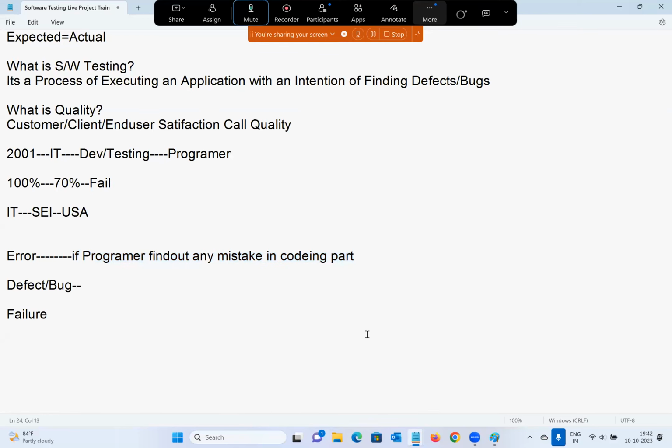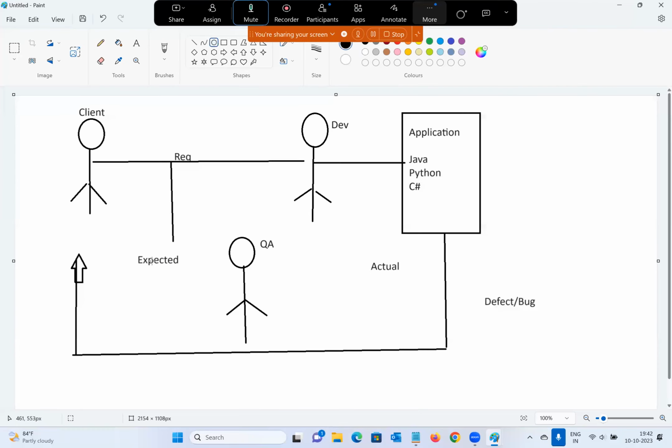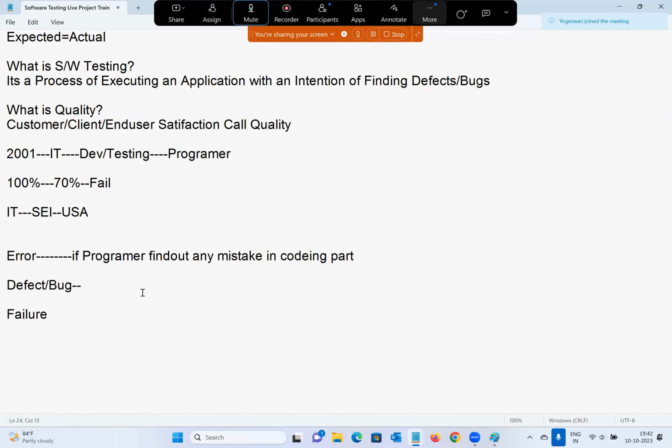What is defect and bug? Already explained in the diagram. What is the meaning of defect and bug? If expected value is not equal to actual value, it is called a defect and also called a bug.